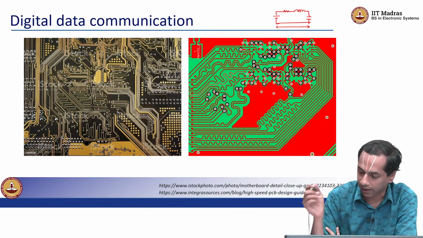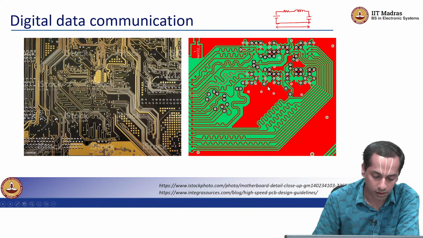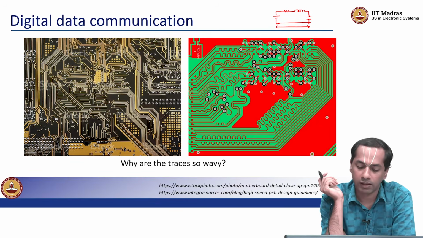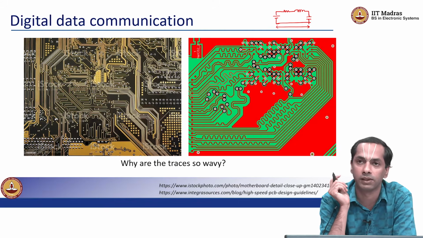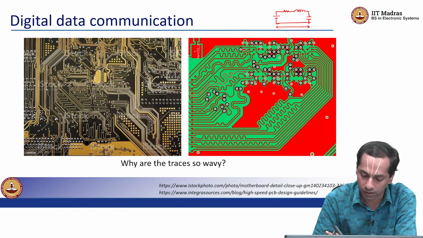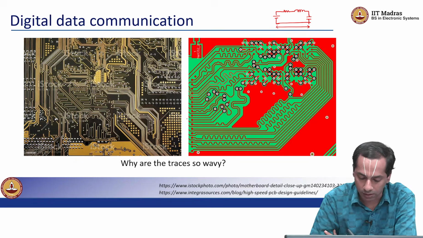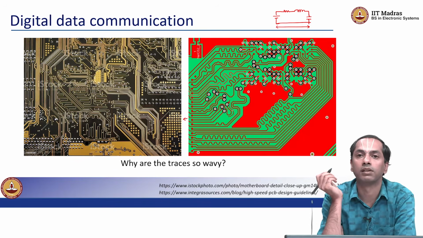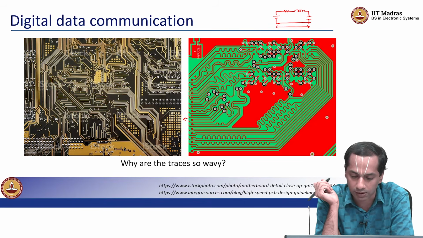So, one thing that you might ask looking at this image, which is a printed circuit board that is trying to route a lot of digital data or digital signals, is why are these traces so wavy or curved, right. You can notice that there might be a much more elegant route from this particular port to the left, but it seems to meander like a river around, and it seems to be doing some funny business, right.